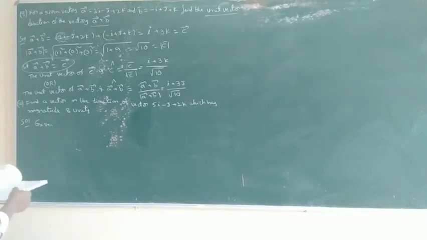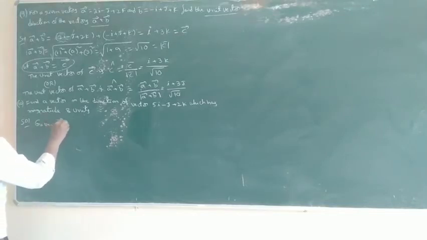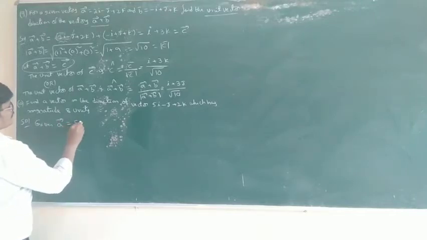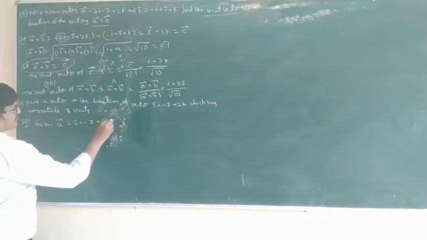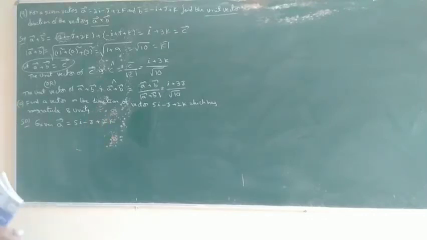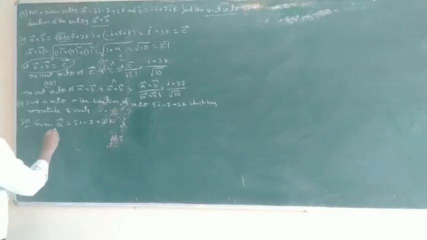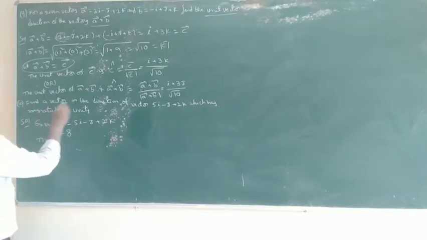Magnitude 8 units means that is lambda. So the formula is lambda into a bar by mod a bar. Given a bar is equal to 5i minus j plus 2k, and the magnitude is 8 units, so lambda is equal to 8.